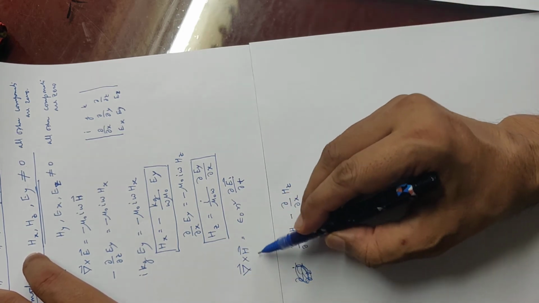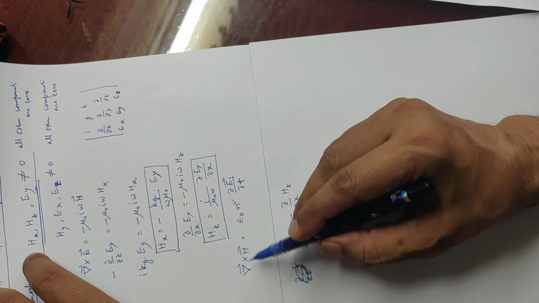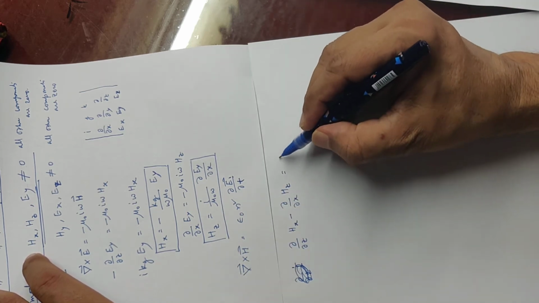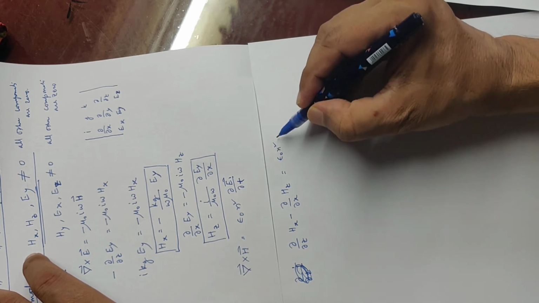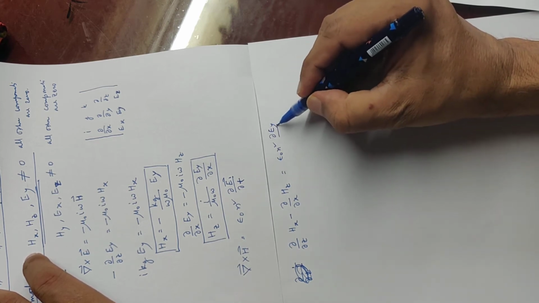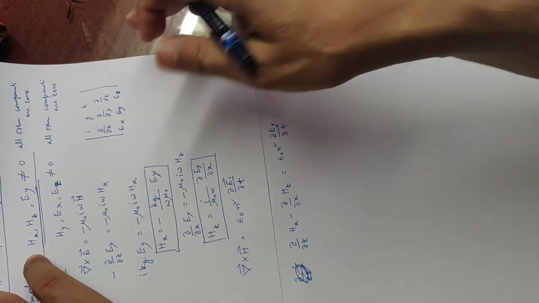So this is nothing but the Y component of del cross H, and on this side you'll have epsilon naught n square, and Y component is the only component that would exist, so dEy by dt.